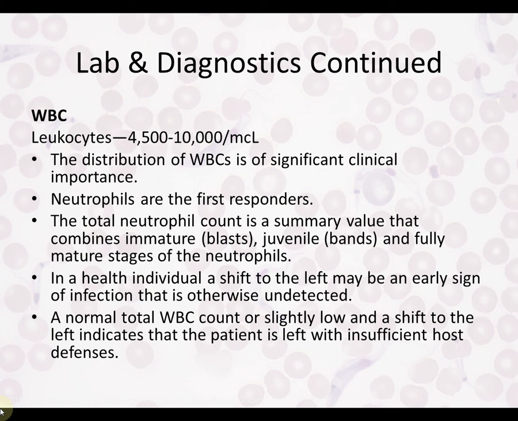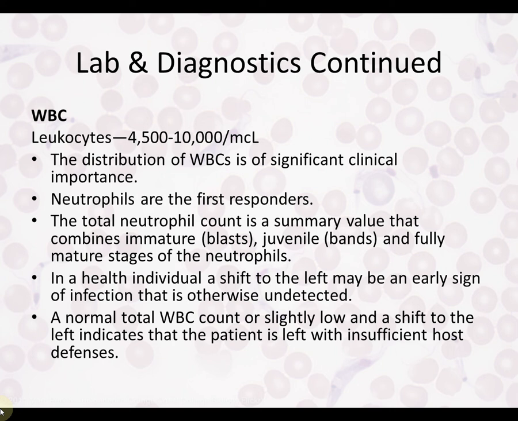The total white blood cell count increases, but the rise is due to the proliferation of juvenile cells. It's called a shift to the left, and it should be reported to your healthcare provider immediately. In a healthy individual, this shift to the left may be an early sign of otherwise undetected infection.